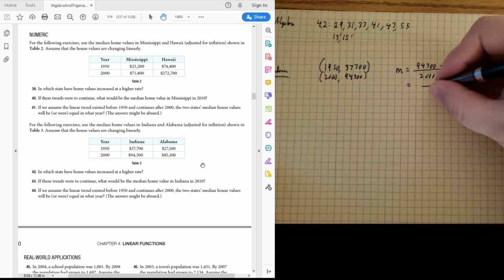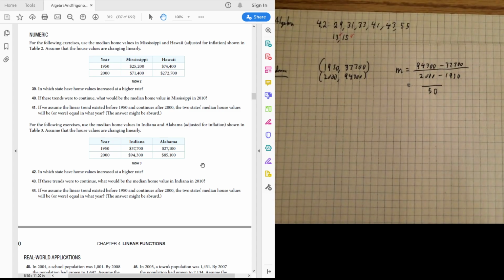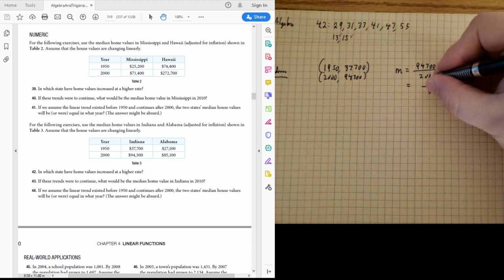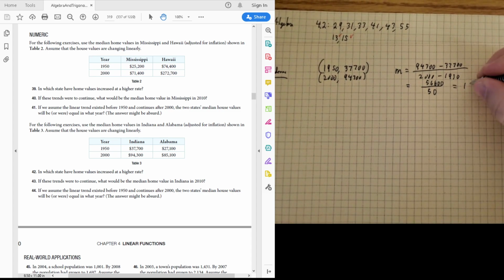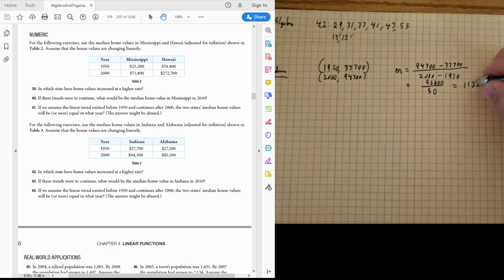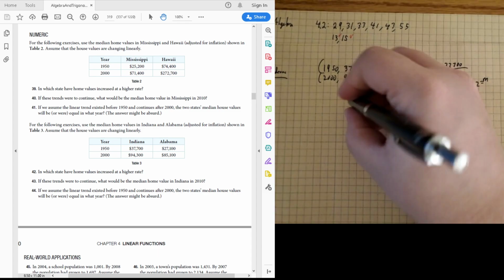Let's see, the bottom number is going to be 50 again. The top number is 94300 minus 37700, which gives me an answer of 56600. If I divide that by 50, I get an answer of 1132. This is my rate of change. This is my slope.